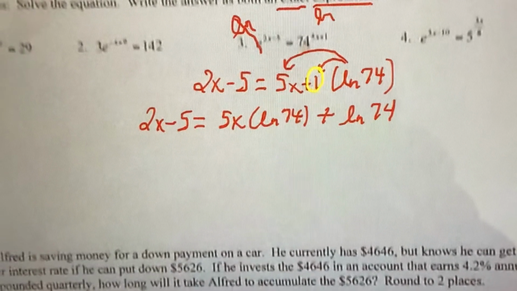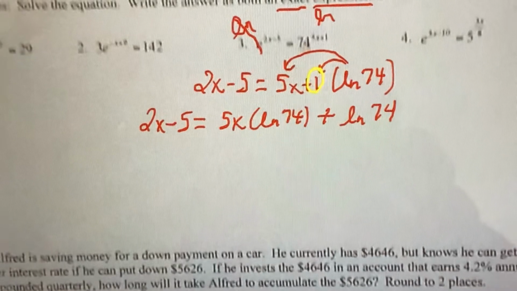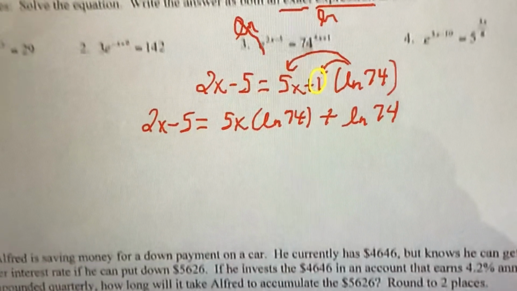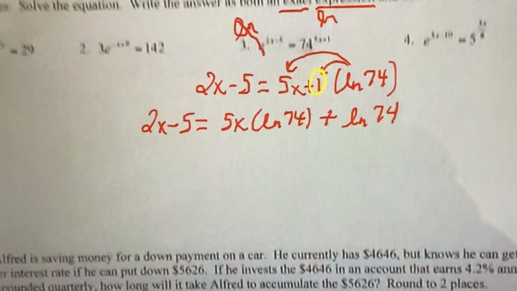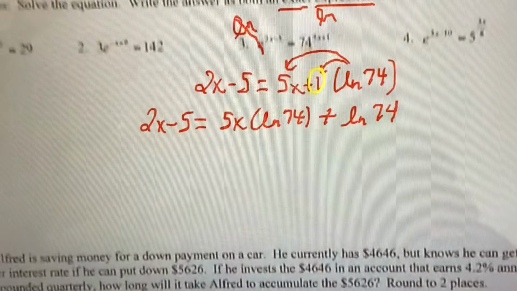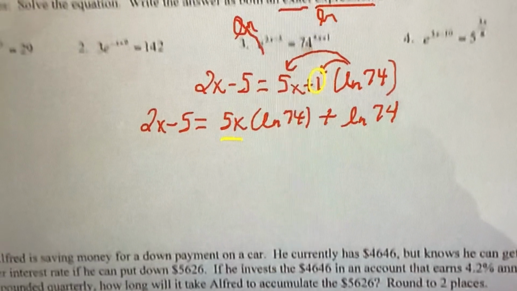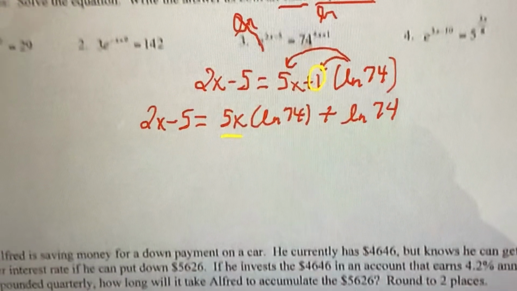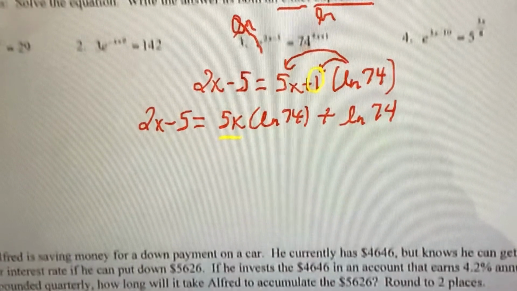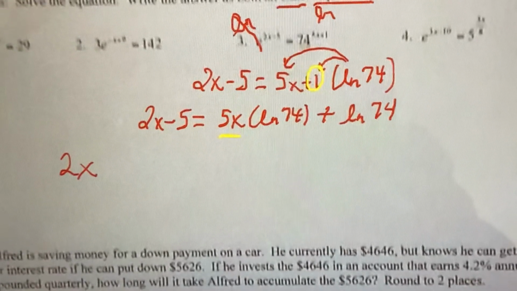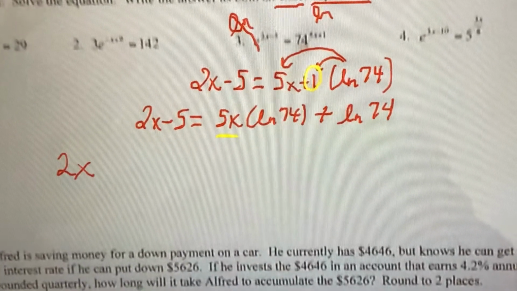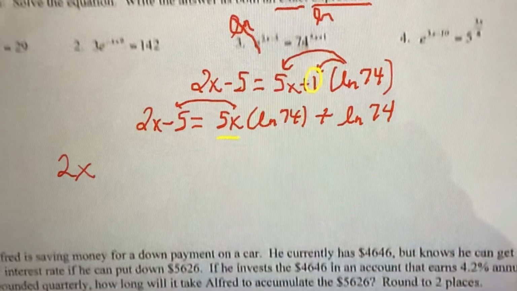Now, again, I am trying to solve for x. Well, the issue is this term here has an x. I need to get x's together. So I'm going to take 2x and pair it with the 5x times the natural log of 74. So this is actually going to go over here.